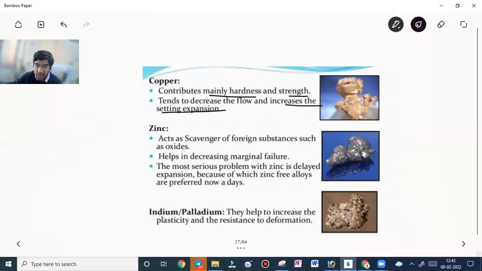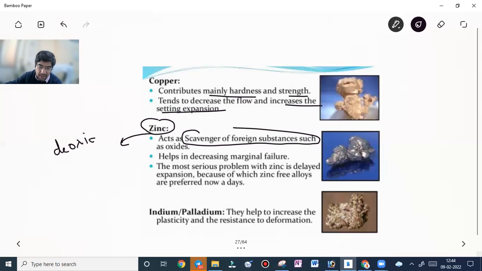Next important component is zinc. Remember, in a very small amount, it does not influence the setting reaction or the properties of the amalgam. Zinc acts as a scavenger of foreign particles. So remember, the zinc acts as a scavenger or deoxidizer during the manufacture.